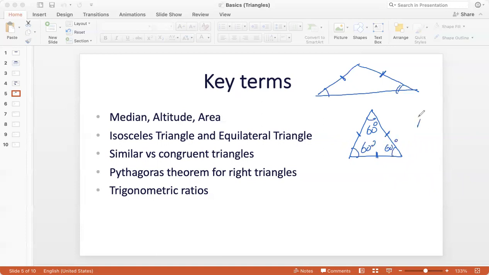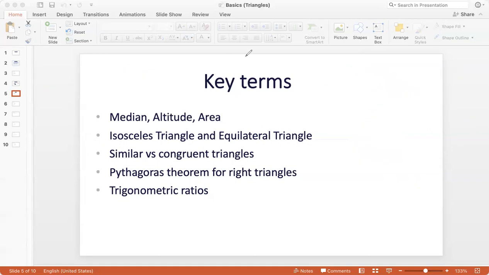And the area of an equilateral triangle is given by root 3 by 4 a square, where a is the side of the equilateral triangle. And there is another kind of triangle, which is the scalene triangle, where all the sides have different lengths. That's called a scalene triangle.